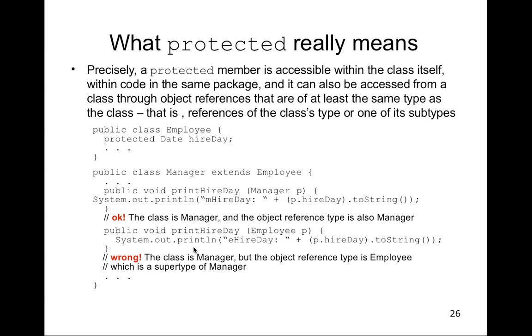But this is wrong. The class is Manager, but the object reference is of type Employee, not Manager. And you can't go the other way around. So as long as it's a subclass of the superclass, you can access it because it belongs in the same hierarchy. If it's at the same level, no. It's protected, which means it's private unless you're inherited. So just remember, public for inherited, or accessible by inheritance.